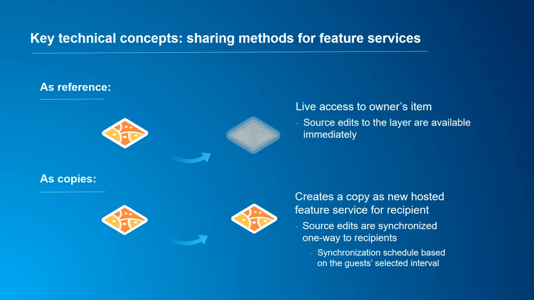As part of that, source edits are synchronized one way to recipients. And this is an important point: the owner will always overwrite synchronizations in a copy. So you have to be thinking about the trade-offs between sharing as a reference or as copies, depending on what the workflow is.